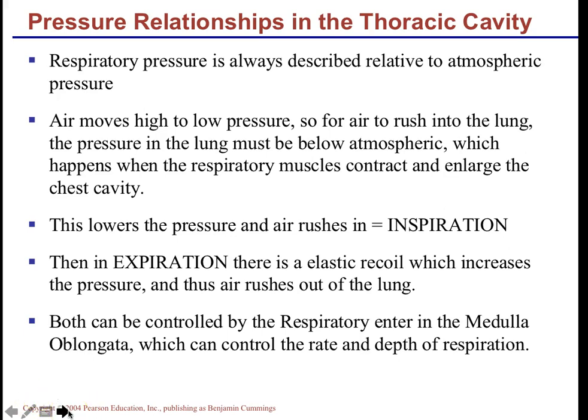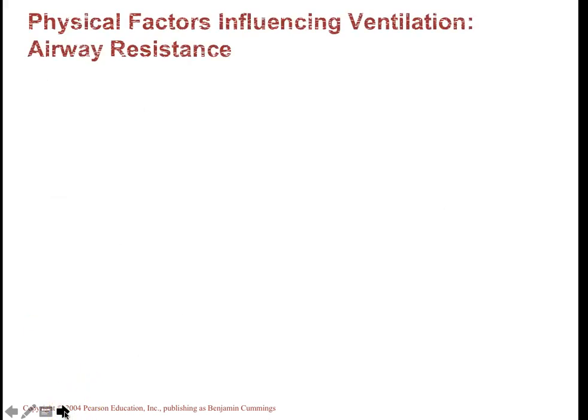Okay, so respiratory pressure is always described relative to atmospheric. Air moves from high to low pressure. And so when you have the respiratory muscles contract, the pressure lowers, that's inspiration, then elastic recoil, expiration, and it is controlled by the respiratory center in the medulla, which can control the rate and depth of breathing.